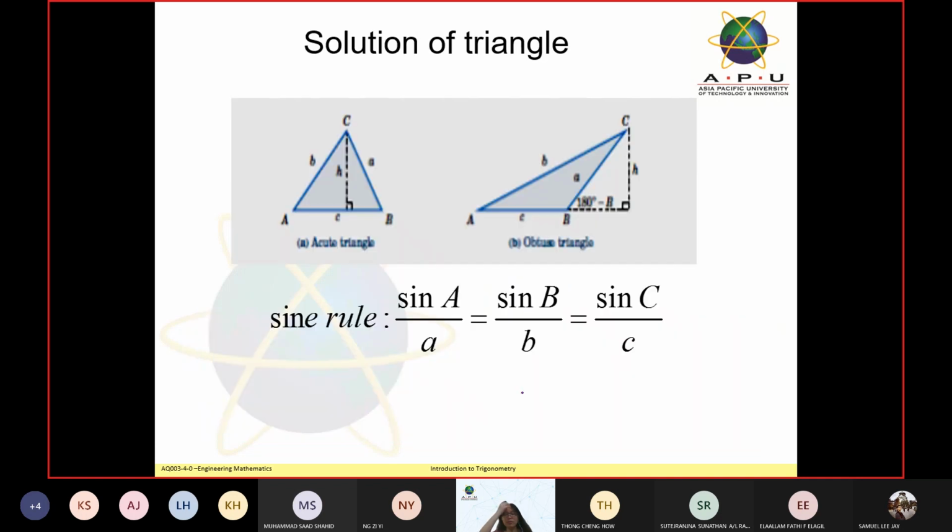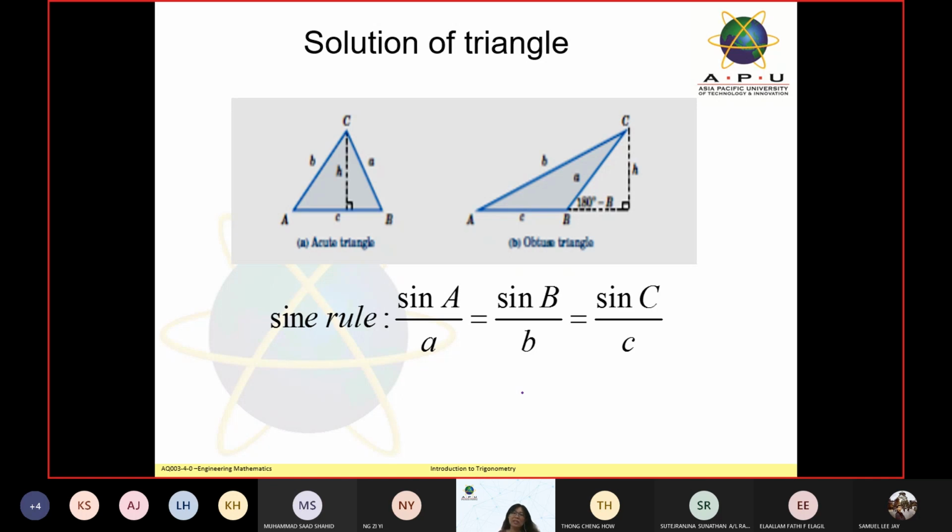Now we come to the sine rule and the cosine rule. Let's look at the sine rule. In the sine rule we involve the angles and the sides. We can use the sine rule to find the angle of a triangle or the length of a side. We use this especially for triangles that are not right-angled, without a 90 degree angle.